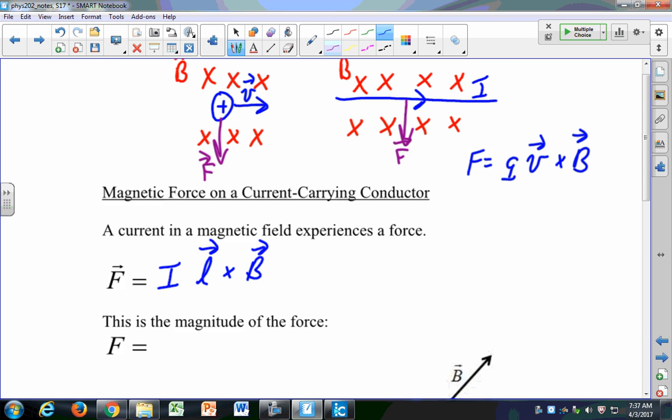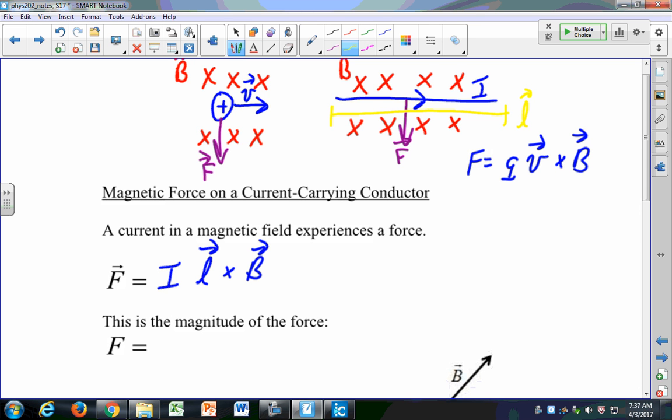So here, the vector L, if I'm looking at a wire, is the length of that wire, and that's our vector L. And that length, we'll work an example, but that length will have both a magnitude and direction. So it depends on the direction of the wire with respect to the magnetic field.